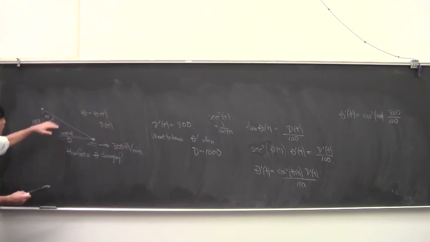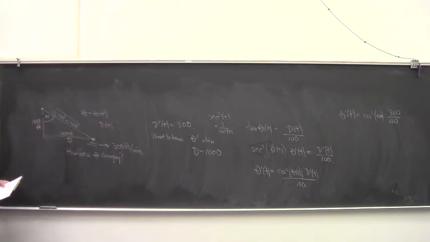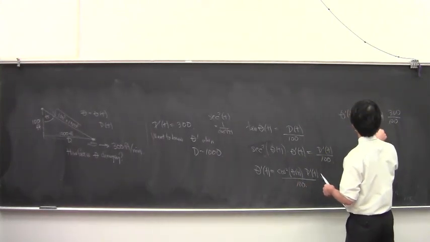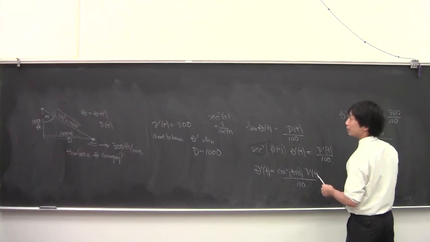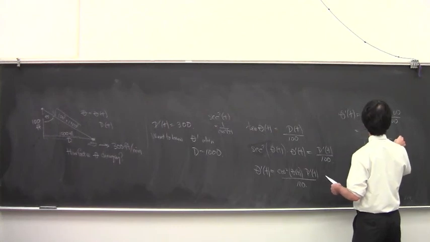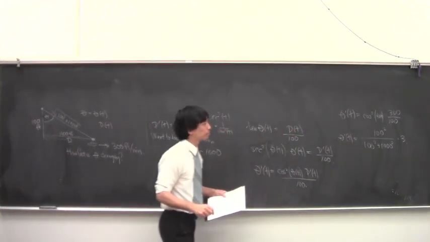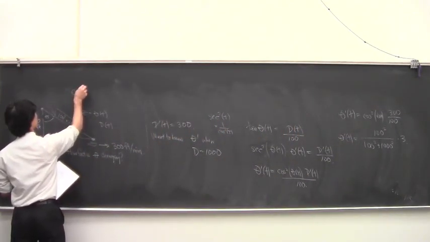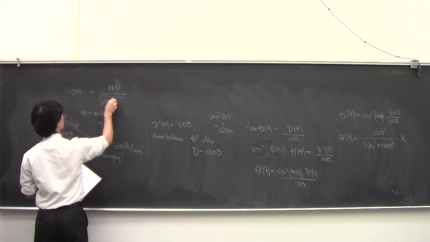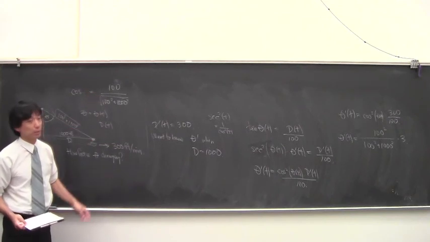It'll be the adjacent over the hypotenuse. So you get that thing squared times 300 over 100.